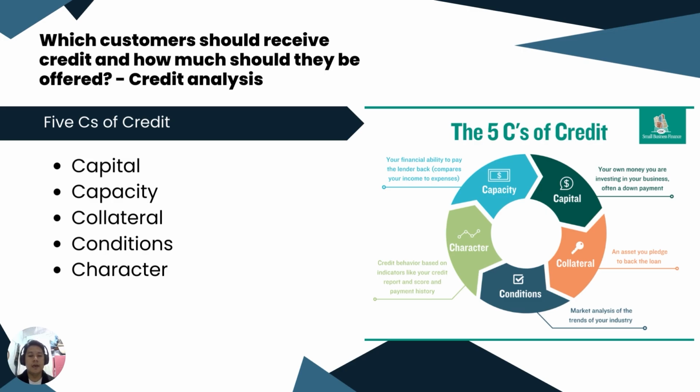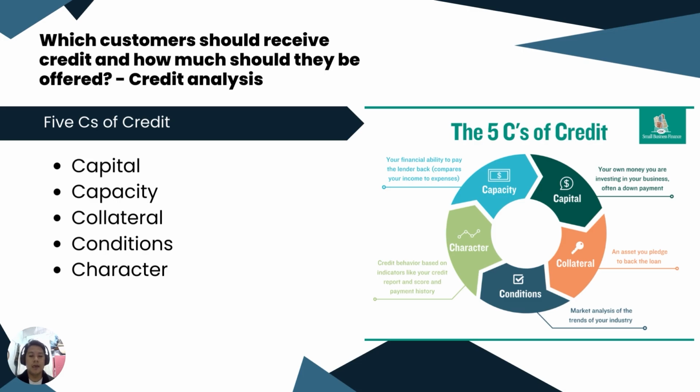Collateral refers to the asset that customers may offer as security in order to obtain credit, while conditions refers both to the general economic trends and to the special developments in certain geographic regions or sectors that might affect customers' abilities to meet their obligation.